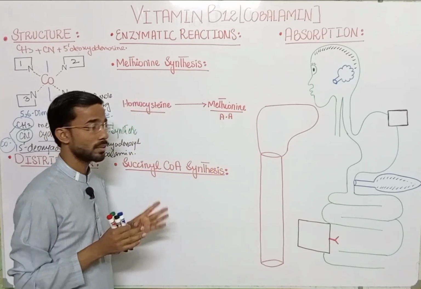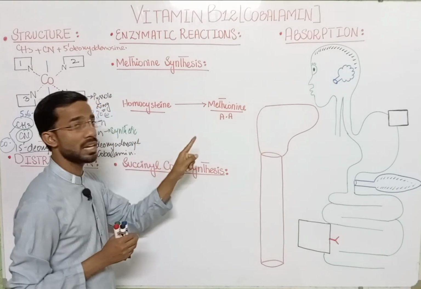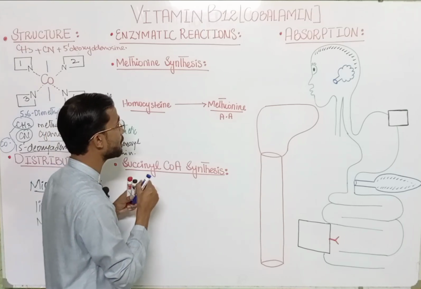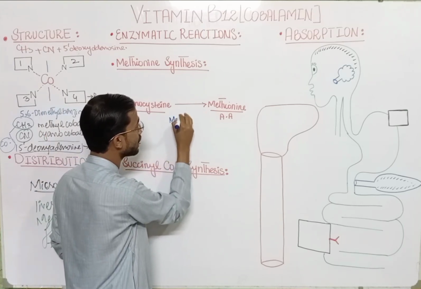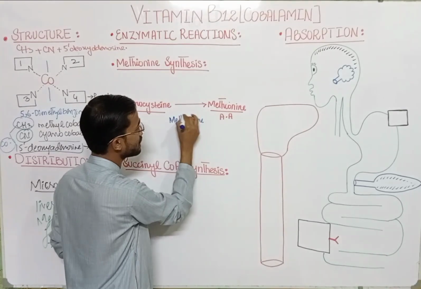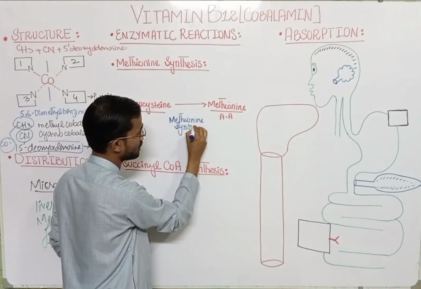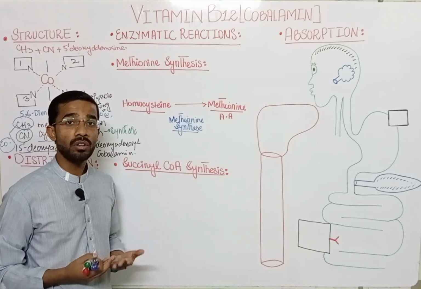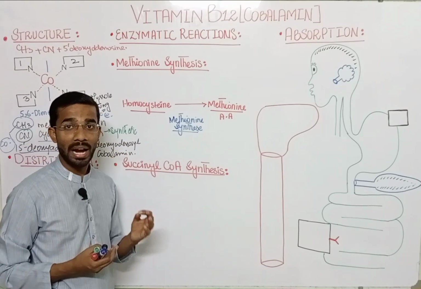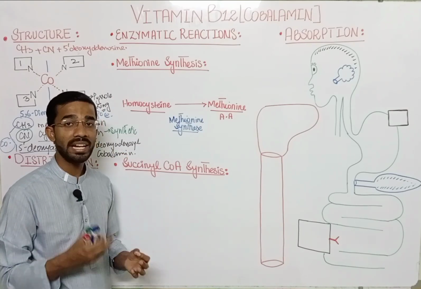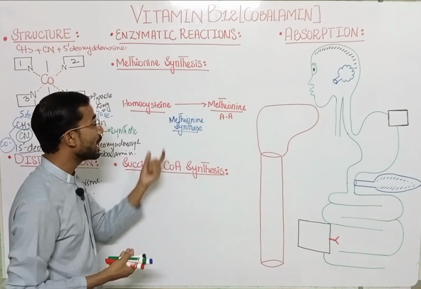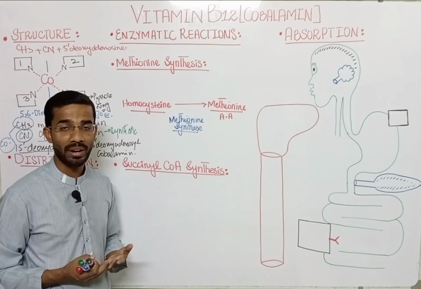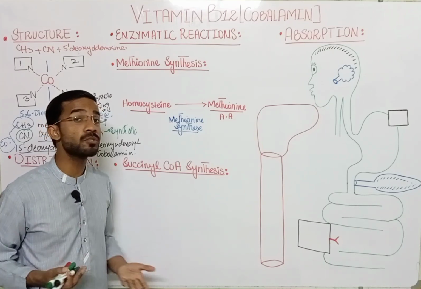This conversion happens with the help of an enzyme, which is methionine synthase. As we know, an enzyme requires a cofactor for its proper functioning. So methionine synthase requires a cofactor, and that cofactor is cobalamin.